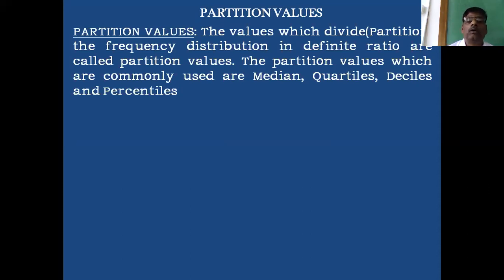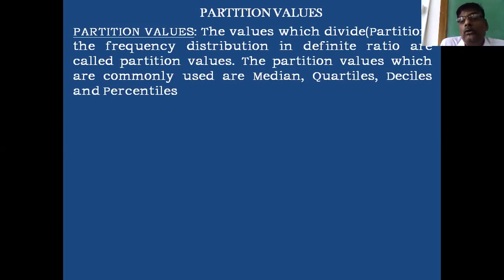It is the value which divides the frequency distribution in a definite ratio, and that is called partition value. The partition values commonly used are median.